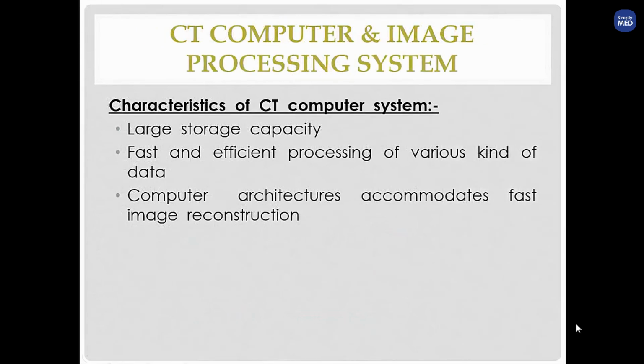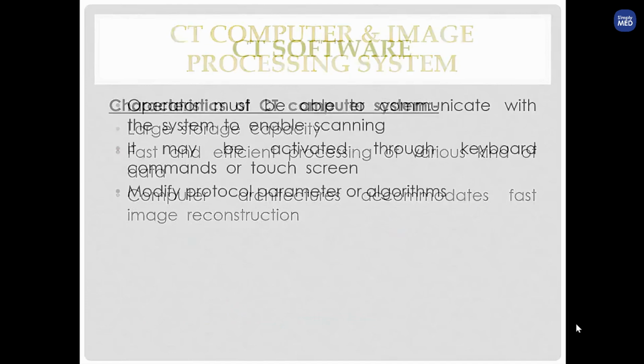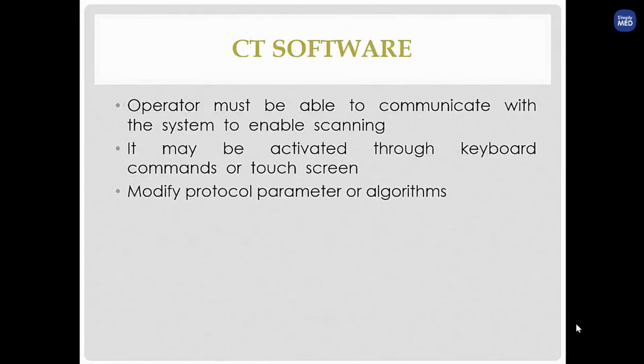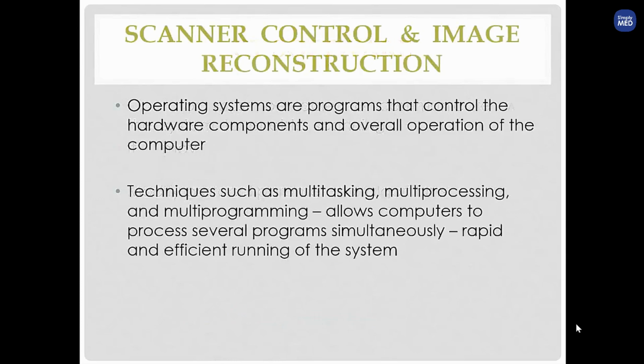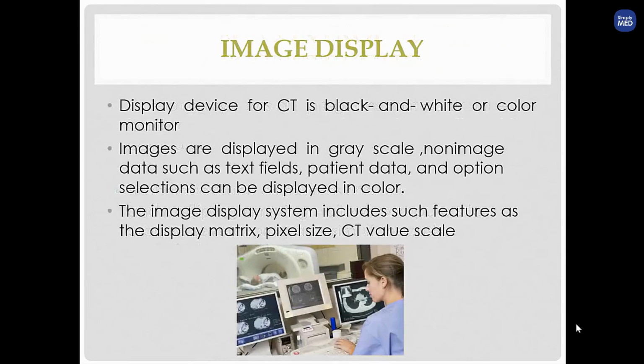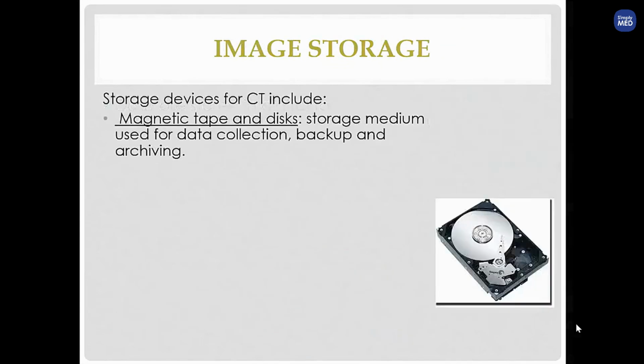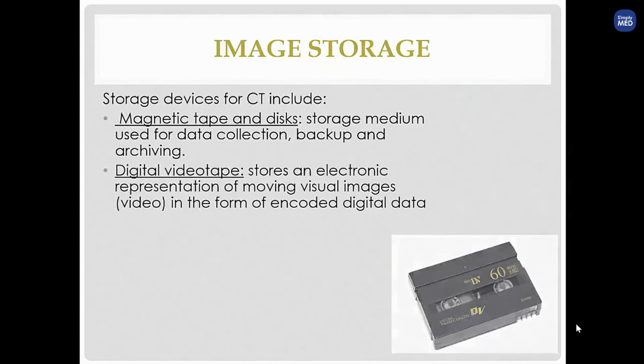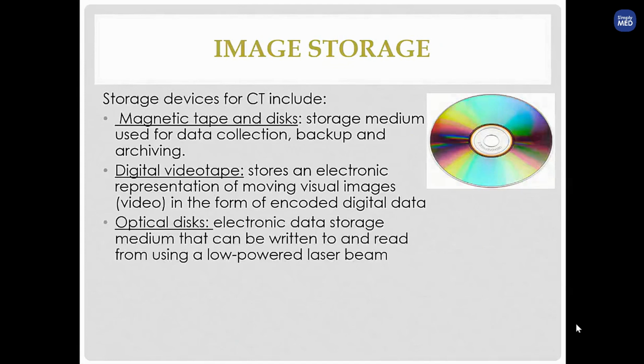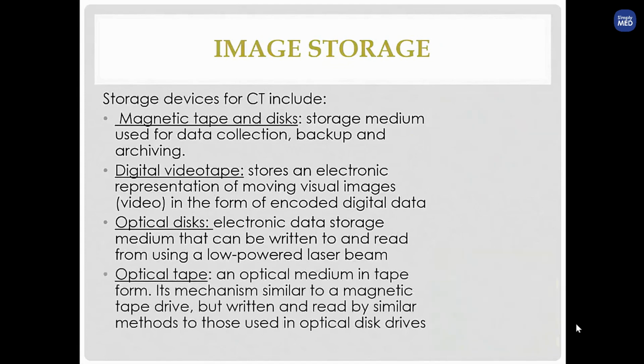We have the CT computer system, which has large storage capacity and can efficiently perform various kinds of data processing. We have CT software, reconstruction and image display, to display the image and to store the image. We have different storage like tape, disk, digital video tape, optical disk, so many ways.